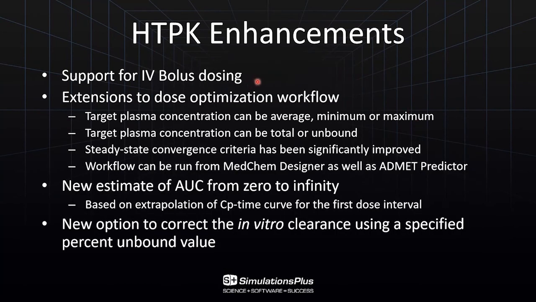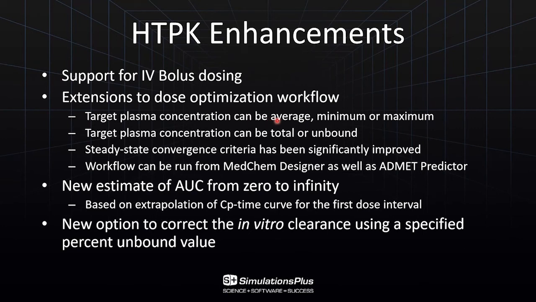Okay, so there is now support for IV bolus dosing, complementing the previous option for immediate release tablets. We've extended the dose optimization workflow, and I'm going to talk about this more during the demo.